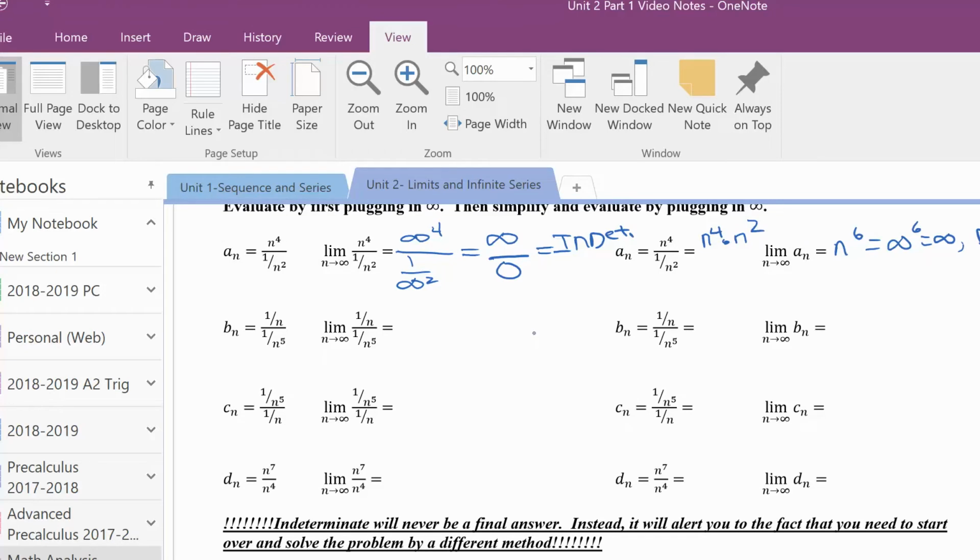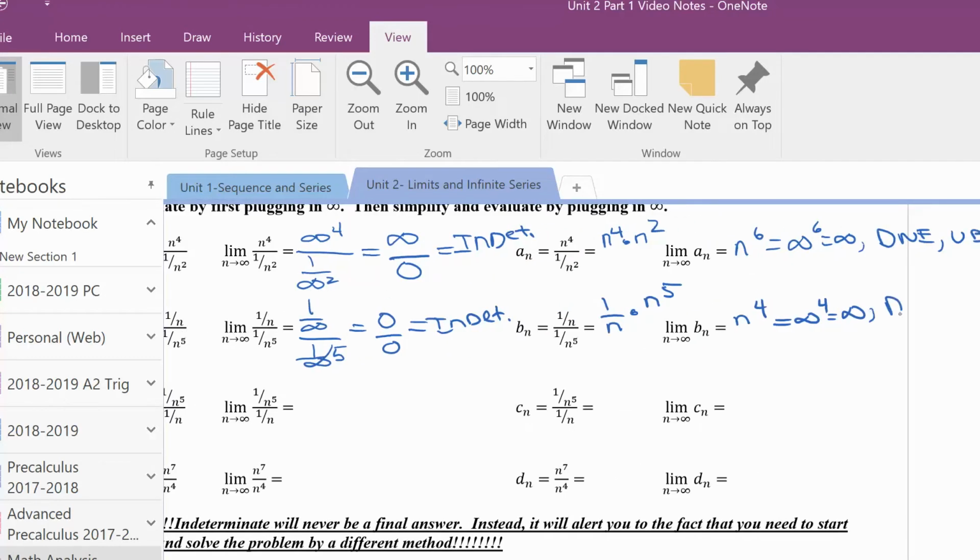So now we came up with an answer that the limit doesn't exist, whereas before we couldn't determine what was happening. So for the next one, like 1 over infinity and 1 over infinity to the fifth, that's equal to 0 over 0, which is indeterminate. Can't divide by 0. But if we do some algebra, we get n to the fourth, which is infinity to the fourth, which is infinite, which means it does not exist because of unbounded behavior.